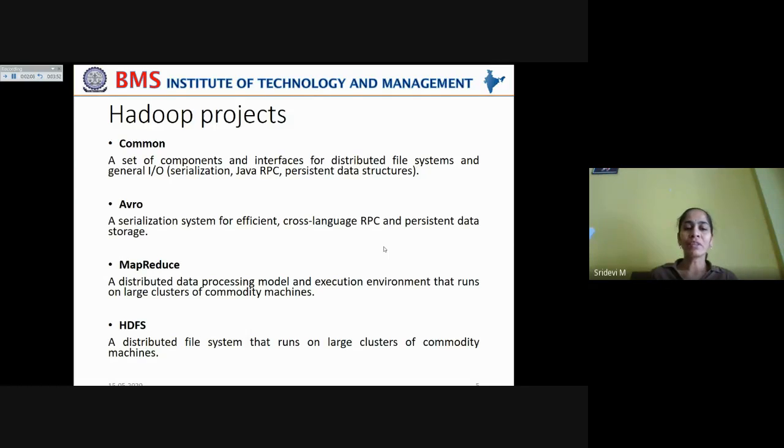And HDFS is a distributed file system that runs on large clusters of, again, commodity machines. This makes the scalability of the architecture easier at a lower cost. So if you want to work with larger and complex sets of data, that is not at all a matter of concern. Why? Because you can immediately scale up your cluster architecture by adding multiple nodes.